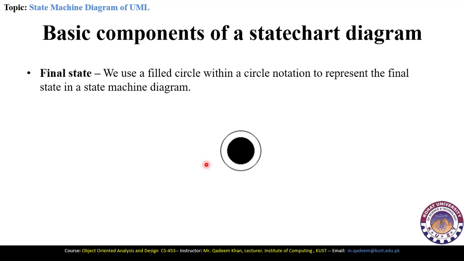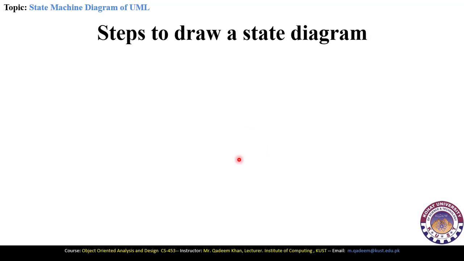And this is the final state, which is a filled circle within a circle notation that represents the final state of the state machine diagram. You can see the filled circle inside the empty circle, and it is the final state of the state machine diagram.